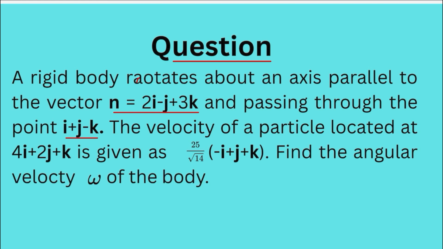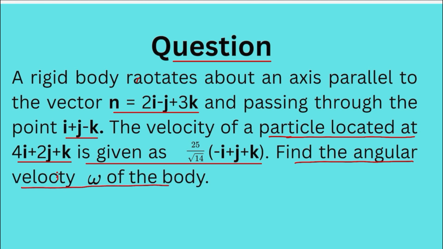The velocity of a particle, a particle located at a point, is given. The velocity is given. Find the angular velocity omega of the body. What is omega under these conditions?